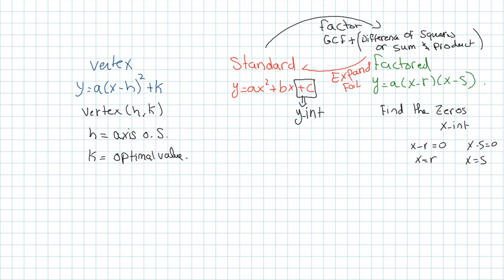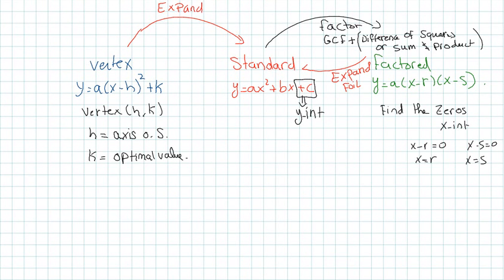Do we know how to go from standard to vertex? No, we don't learn that here, right? Do we know how to go from vertex to standard? Yes. What do we do? Expand, right? In this case, you're also expanding, and then you have to expand this.